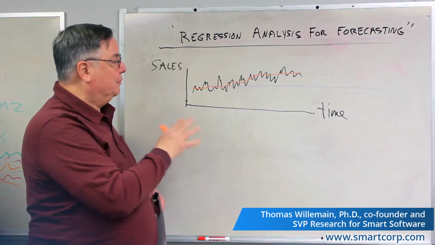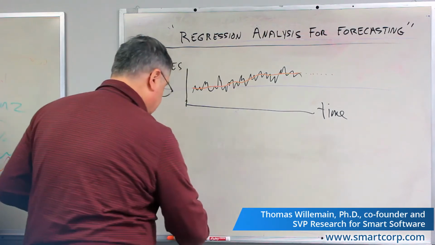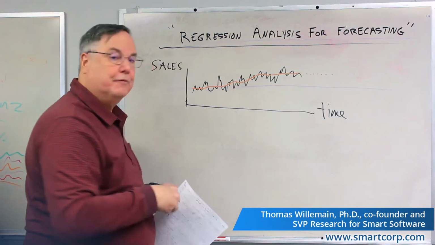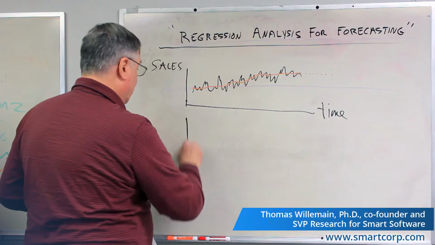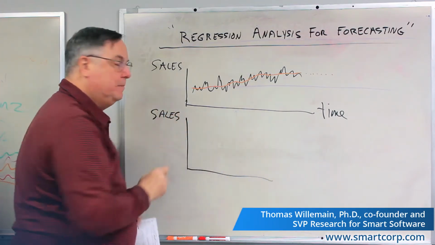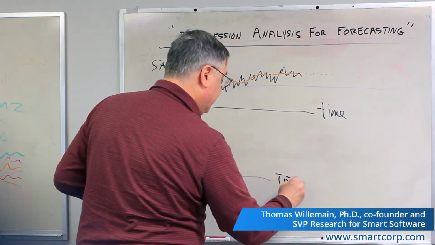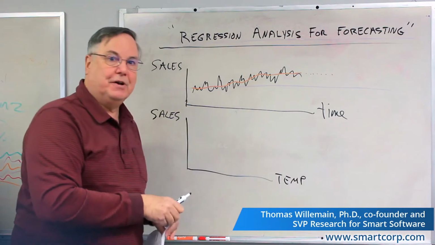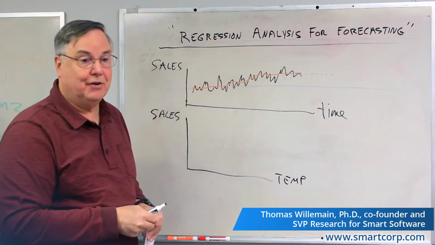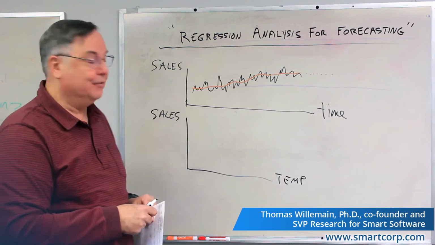So what we will do instead of this picture is make a somewhat different picture. We will try to find another variable which is related to sales. So maybe it's sales and maybe it's, say, temperature. Maybe you're selling something like ice cream, and when it's hot, you have more sales, and when it's cold, you have fewer sales.